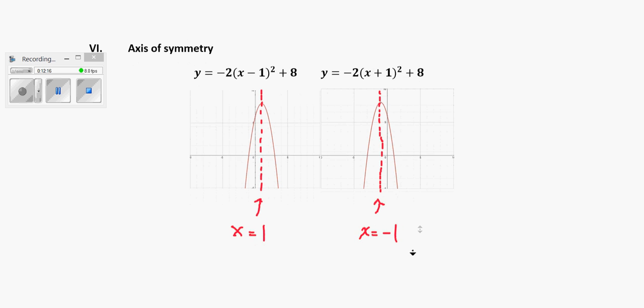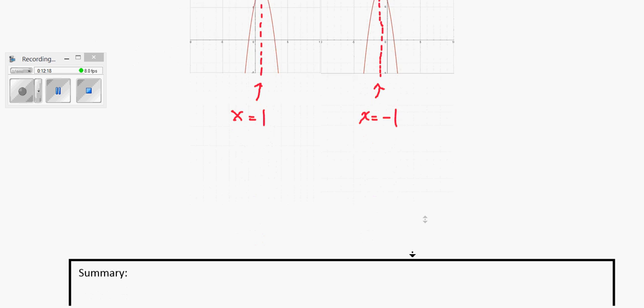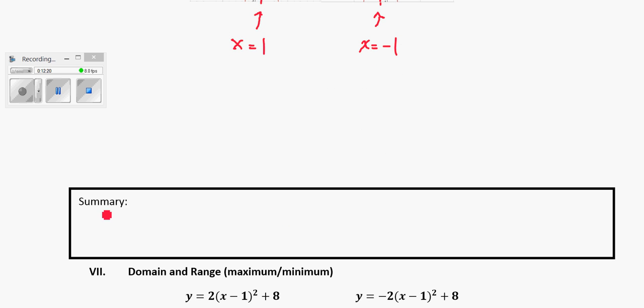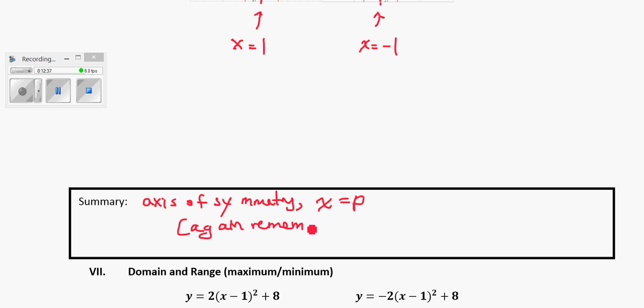So the only summary rule we have to look at here is that for axis of symmetry, x equals p. And again, remember that it's negative p in the equation.